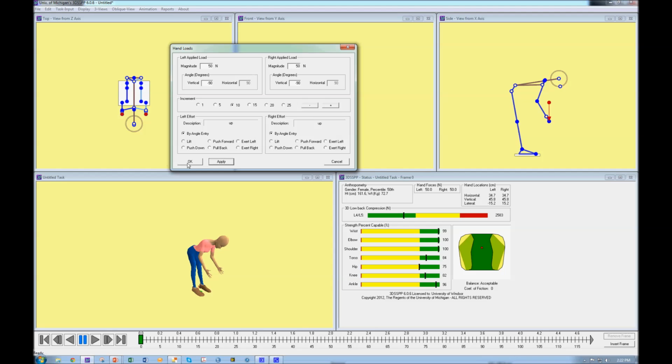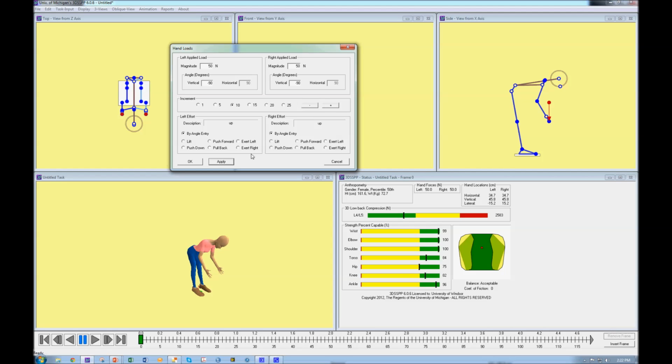We applied that in a lift, and what we see is we get a lower compression, 2,583 newtons, but we've also now allowed this job to be done by at least 75% of the female population in all of the joints. The hip being, again, if we increase this by a couple newtons in left hand or right hand, this will fall below what we have set as 75% population.